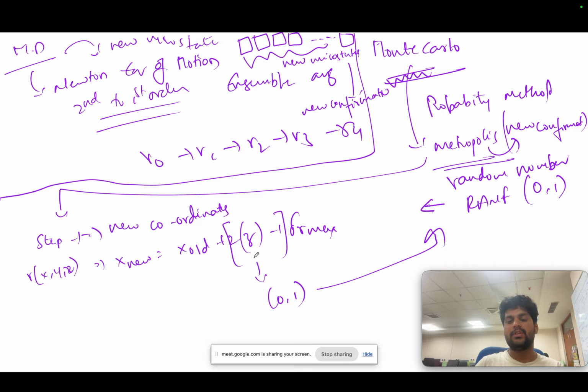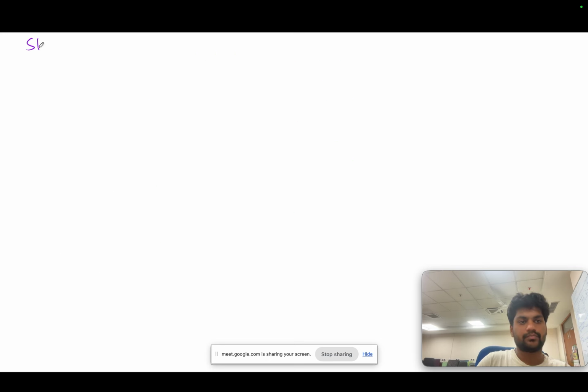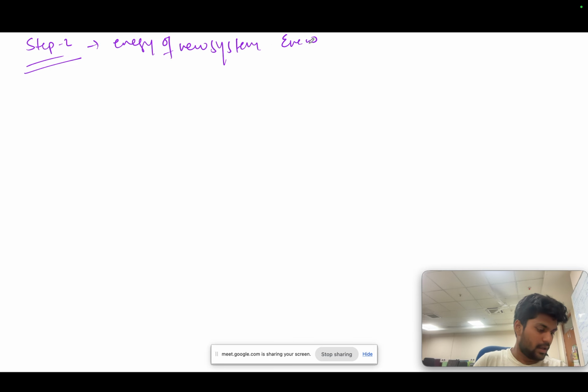Suppose it might be 0.1 or it might be 0.3. It assigns randomly, and then you will get the new coordinates. In step 2, we will find out the energy of these new coordinates, the new system.